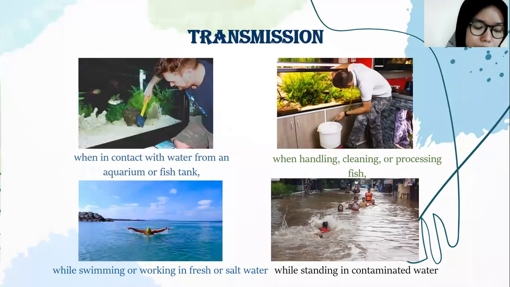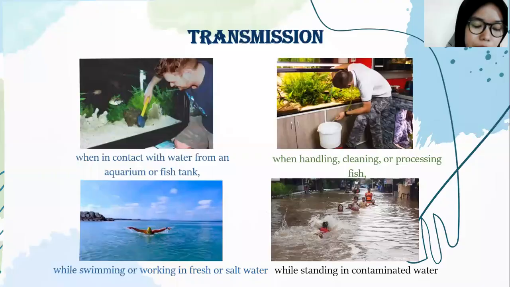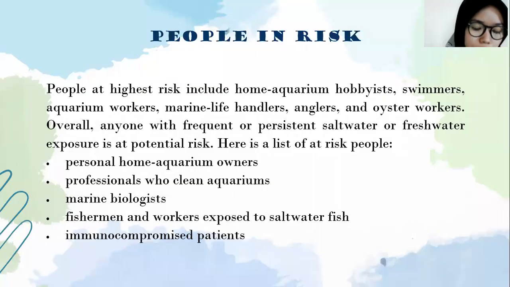Who are the people at risk? People at highest risk include home aquarium hobbyists, swimmers, aquarium workers, marine life handlers, anglers, and oyster workers. Overall, anyone with frequent or persistent saltwater or freshwater exposure is a potential risk. Here is a list of people that have risk to get fish tank granuloma.